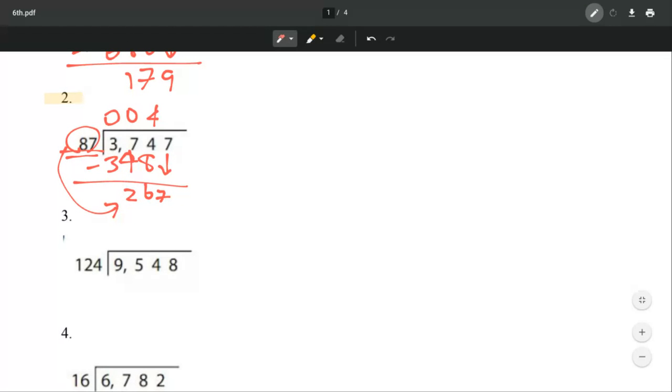Well, it goes in 3 times. Again, 3 times 87, we get 261. Subtract, 6, and so we get a remainder of 6, and our answer is 43 with a remainder of 6.